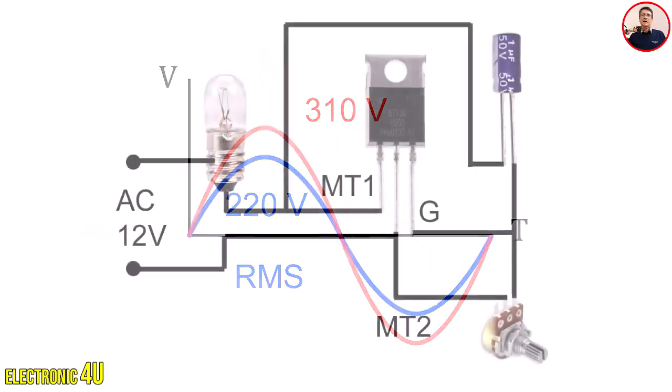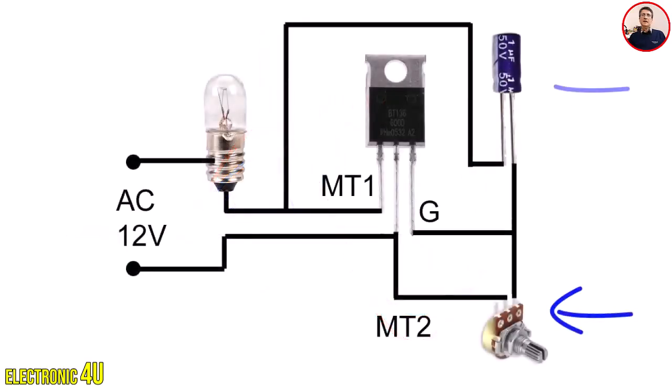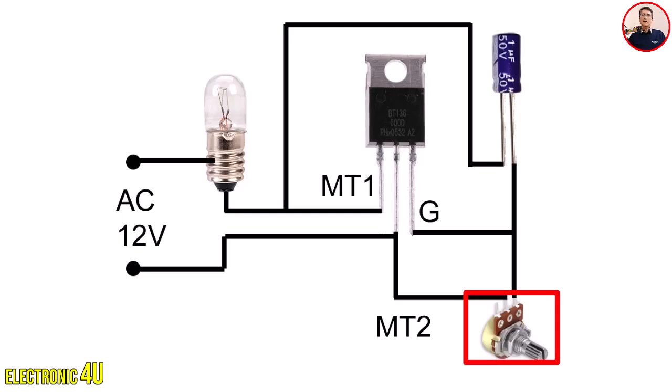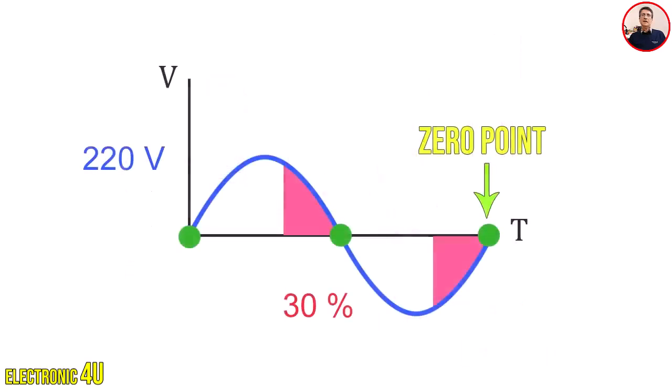The RC circuit, meaning the resistor and capacitor, along with the diac in the main circuit, must be able to follow this cycle and determine the appropriate time to turn on the triac. By adjusting the potentiometer, we shift the moment the triac turns on in each half cycle. For example, let's say we want the triac to turn on so that only the final part of each half cycle, the last 30%, is delivered to the load.